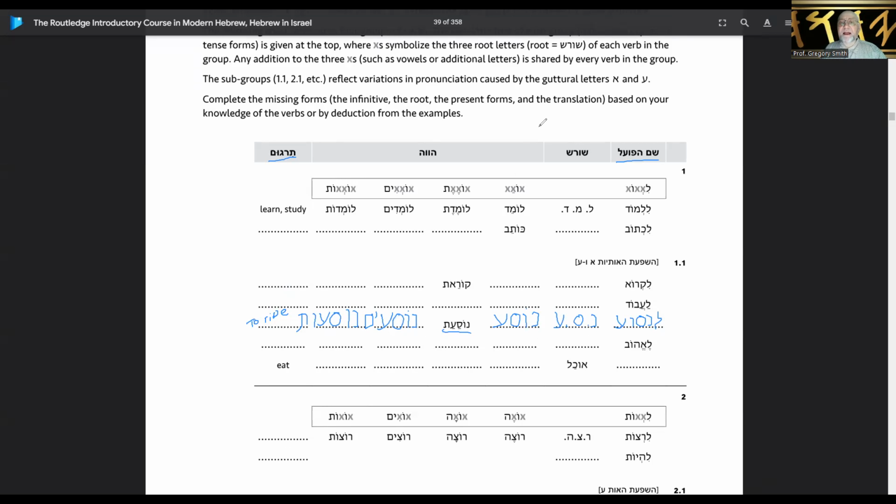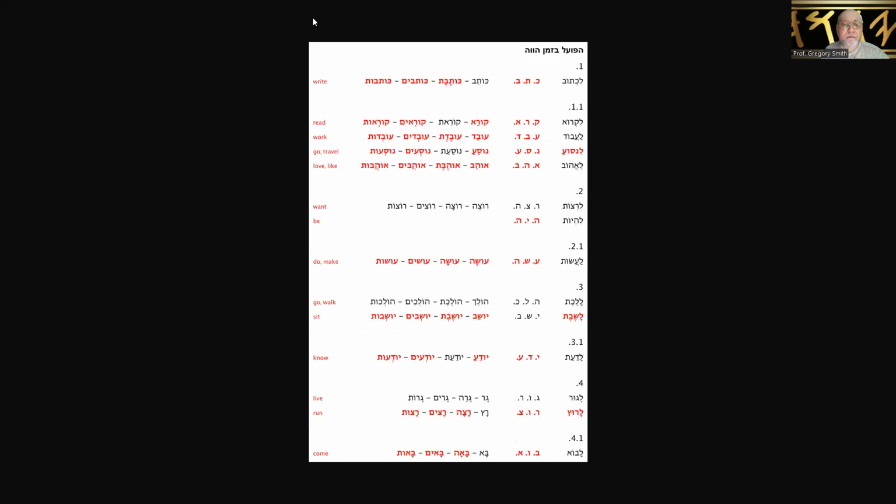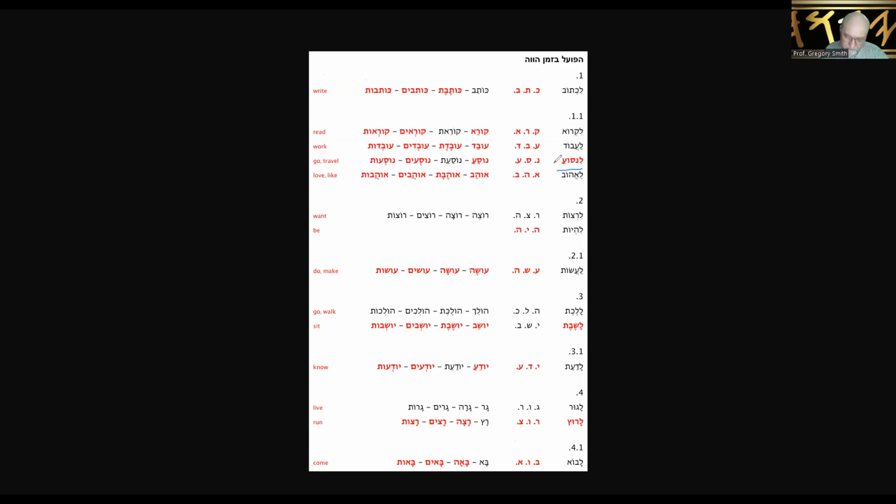Okay, so that's what we should have on the next page. And here it is. You have linsoa. Now, this is a whole M technically. Linsoa, and then there's your root, your shoresh, nun samech ayin.